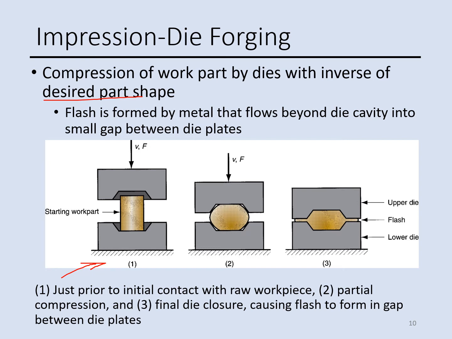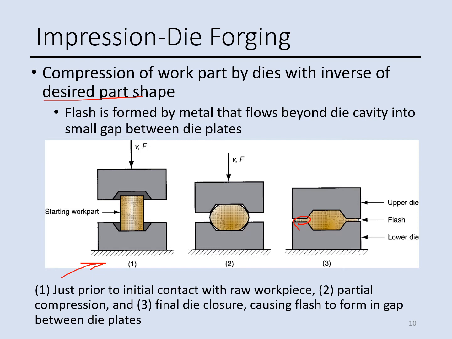But the flash serves an important function during compression, because as flash forms, we have friction over there. The friction resists against the metal flow in that gap.